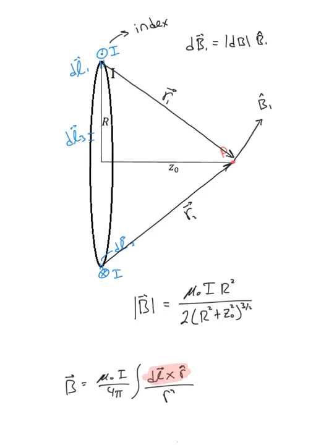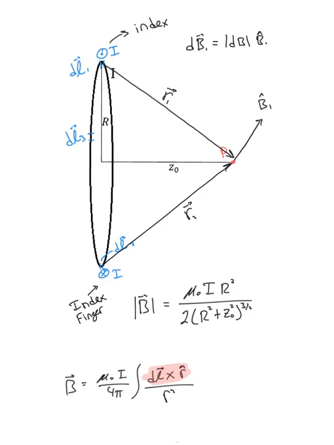And if we do our right-hand rule for dl2 cross R2 in order to find our magnetic field direction, just the direction again, due to this little bit of current at the bottom, well, our index finger should again point in the direction of I, so that points into the page.